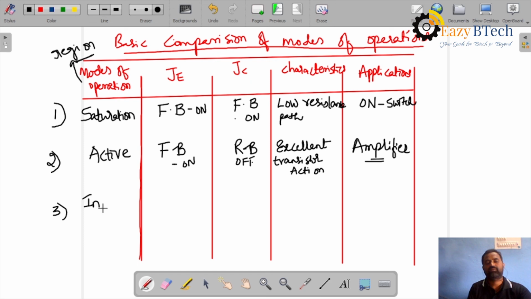Third. Inactive. It is reverse bias, it is also forward bias.